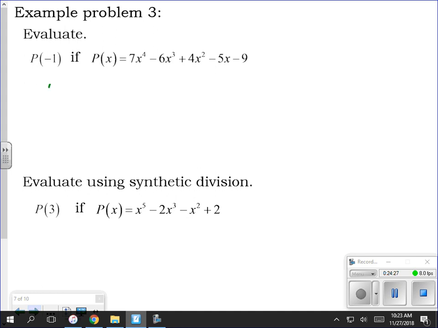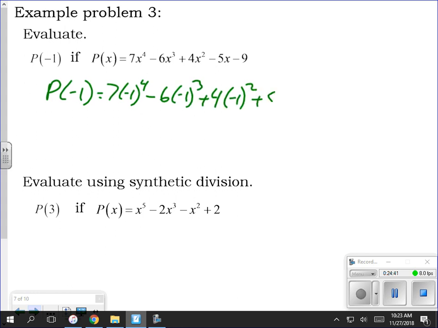What do you do? If I want to know what p of negative 1 is, I put in negative 1 for x. 7 times negative 1 to the 4th minus 6 times negative 1 cubed plus 4 times negative 1 squared minus 5 times negative 1 minus 9. Got to watch my pluses and minuses. And I got to do that.